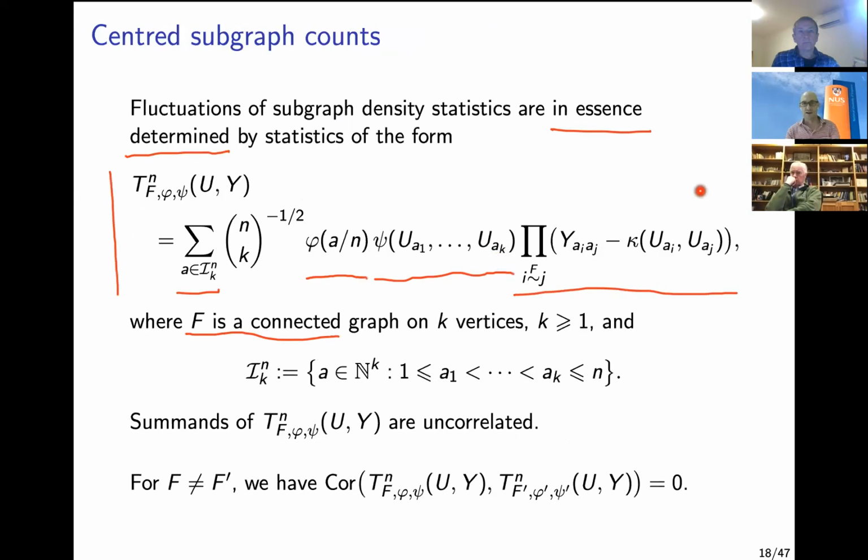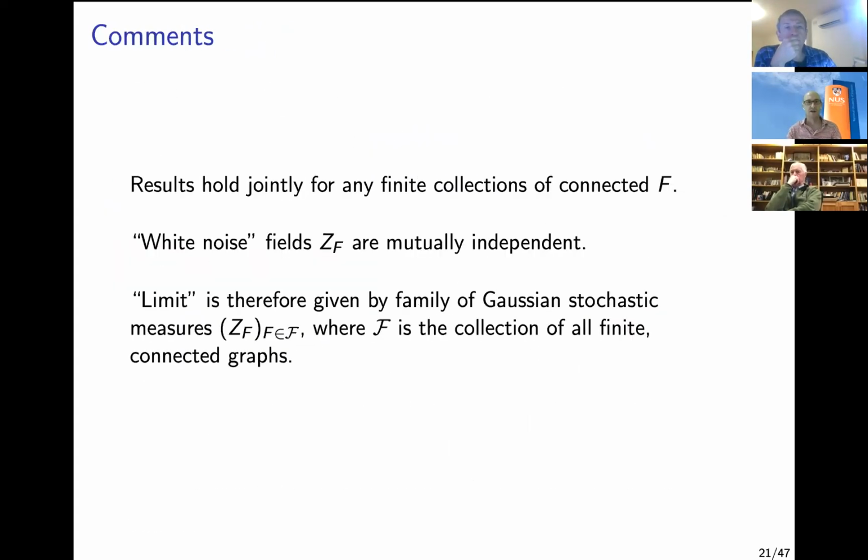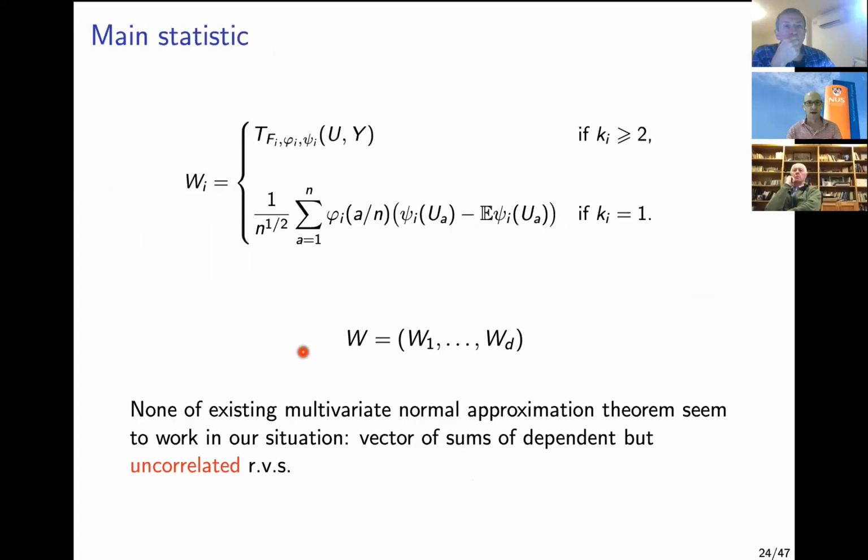If F consists of just one vertex, of course this part disappears. That's just set to 1, and we only have this part. In that case we have to center this thing manually; otherwise, these things already have expectation 0. As you can see, this captures the U statistic effect, which is the dominating effect from the U statistic.